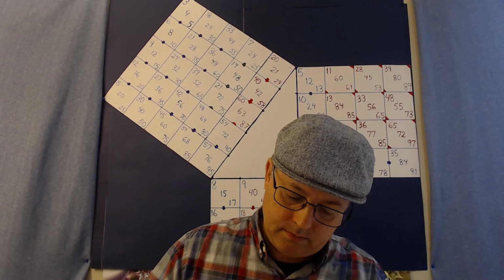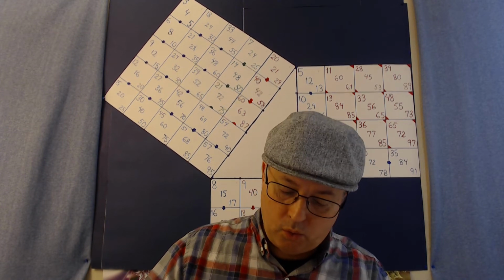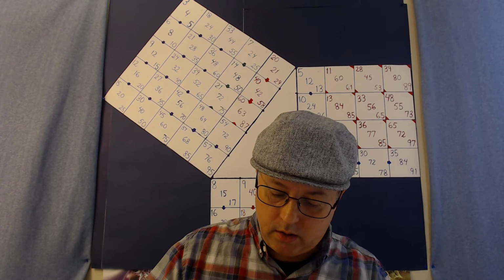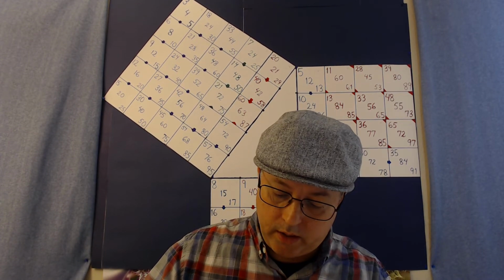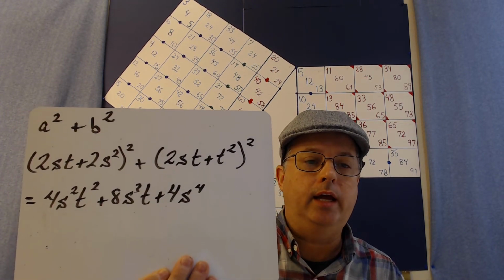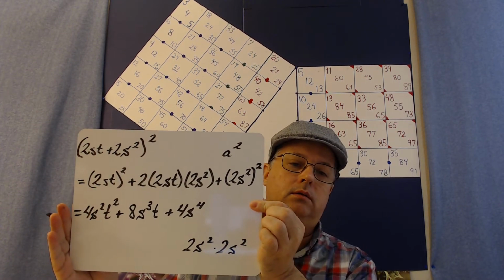So 4s squared t squared plus 8s to the third t plus 4s to the fourth. Okay, so that's our a expansion there, as we had previously arrived.